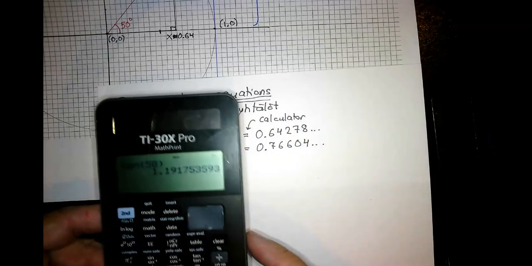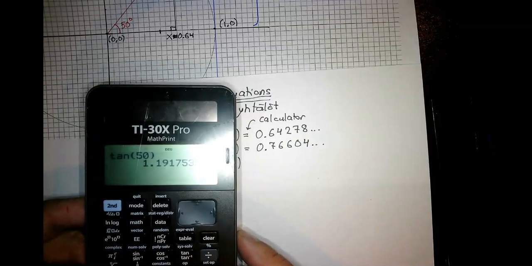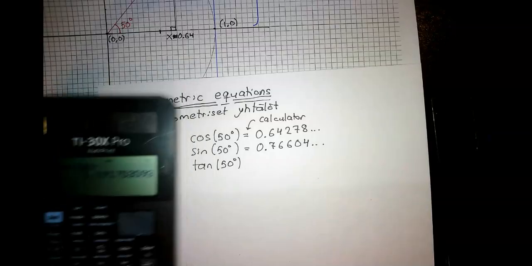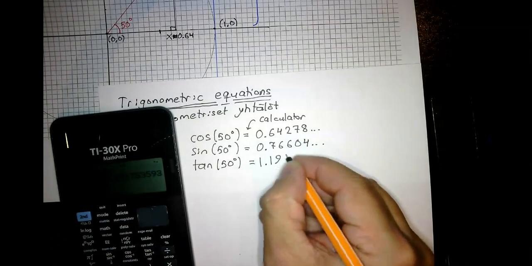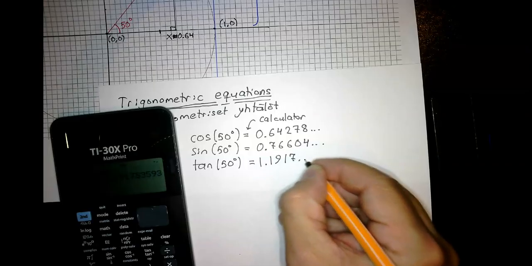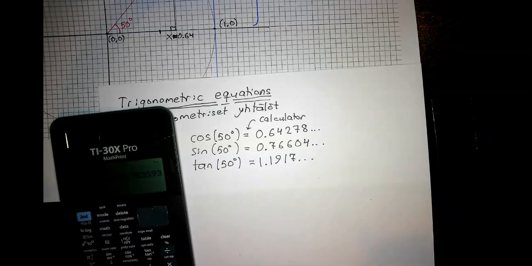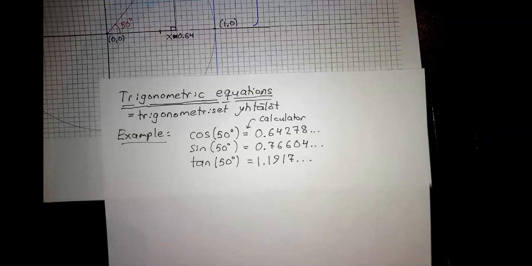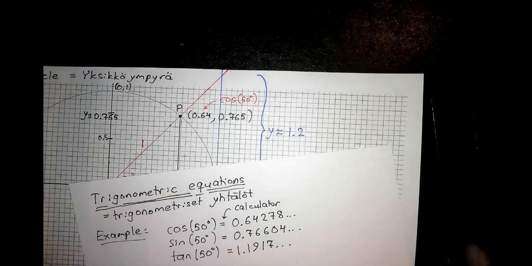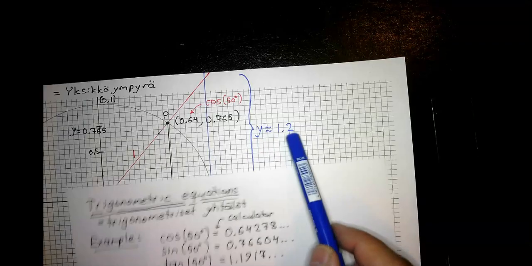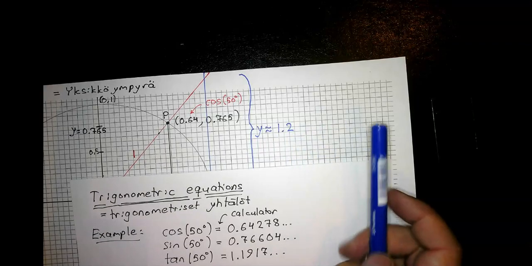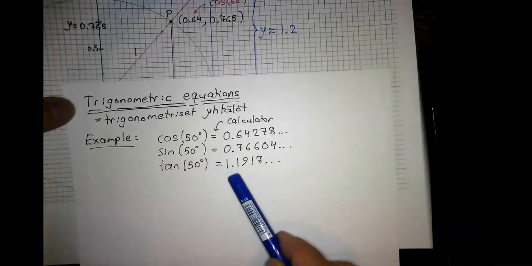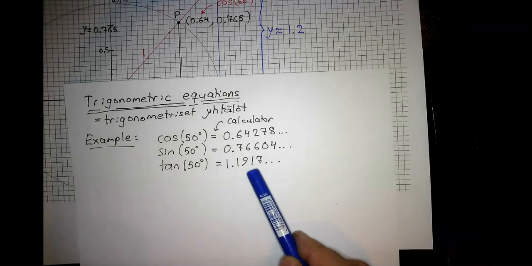Well, I'm very glad about this: 1.19, or 1.1917, etc. So we may see that we approximated that this value is about 1.2, and now from the calculator we saw that it is exactly 1.19, etc.